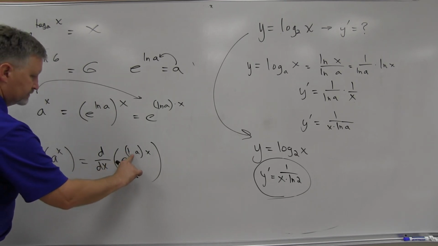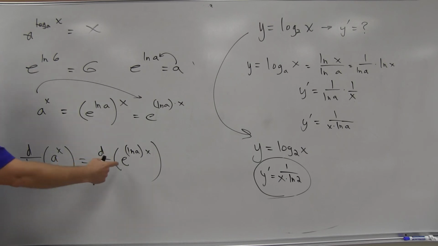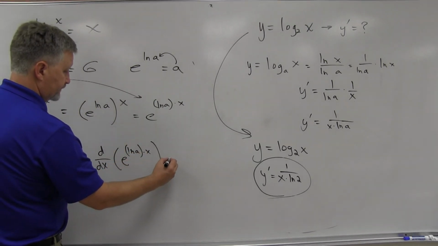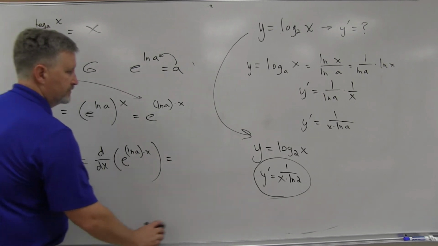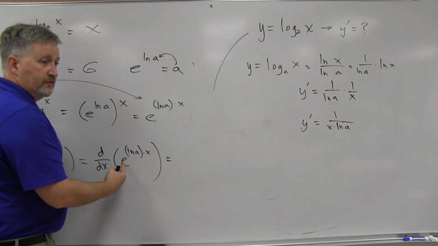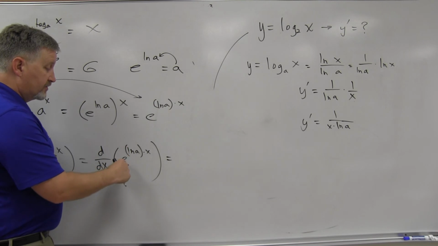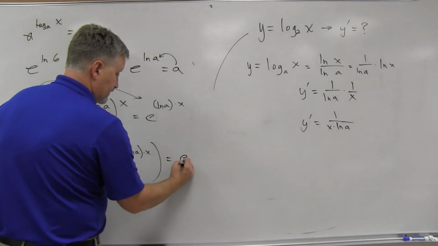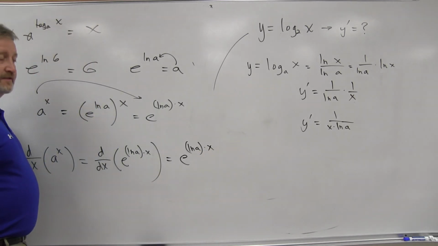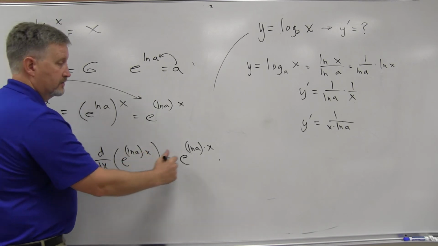Okay, so by what we just said, I can rewrite a to the x as e to the ln of a times x. Now I'm doing the derivative of e to a power. How does that work? Like we just said, the derivative of e to a power is e to that power times the derivative of the power.